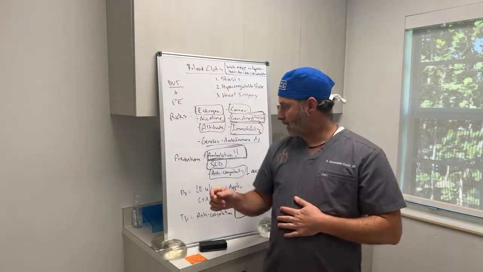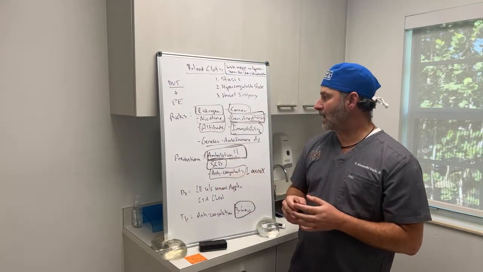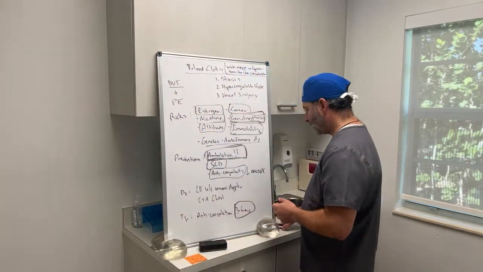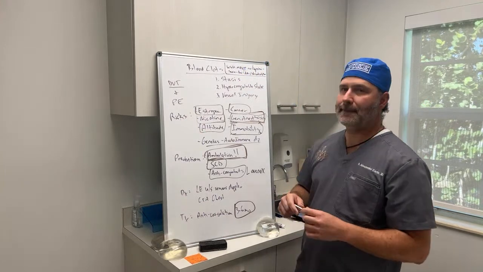One of the things that we get asked a lot, with this question about the SCDs versus the Lovenox, is how do you stratify your patients in terms of their risk category? I already mentioned certain things that make you a higher risk versus a lower risk, and there's actually a score that helps you stratify the patient.